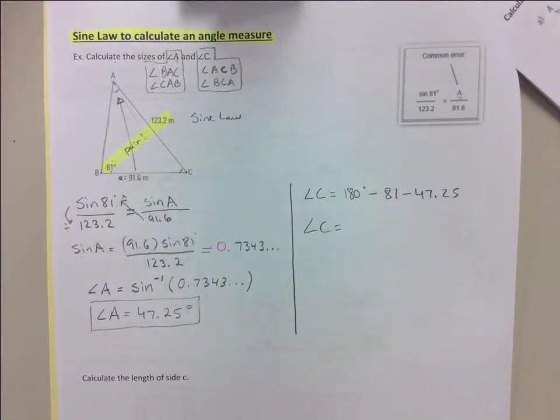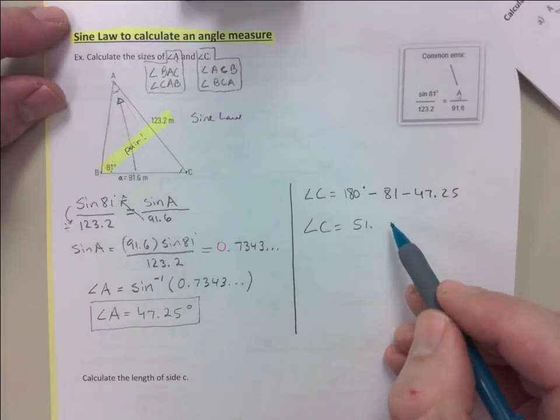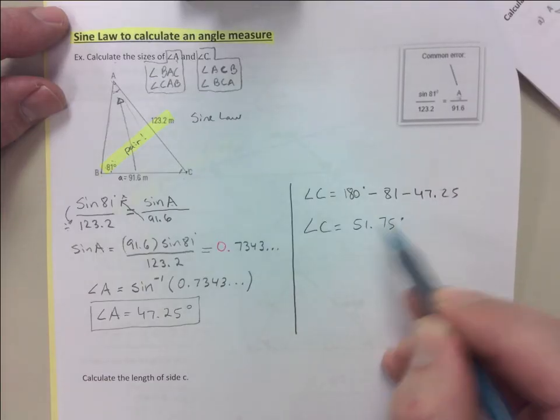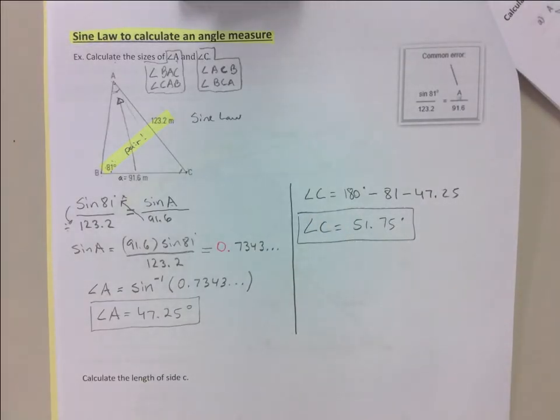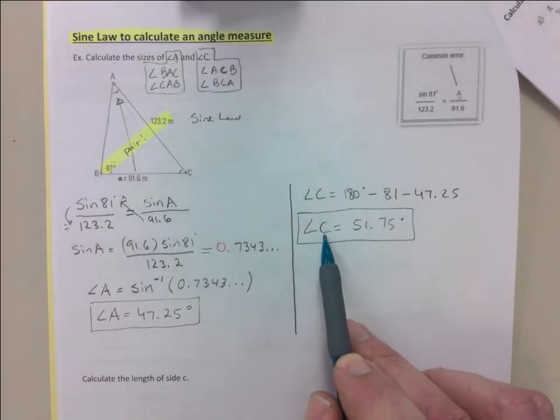And that gives me 51.75. Now the question is, can I now find side C? Since I have angle C, absolutely, right?